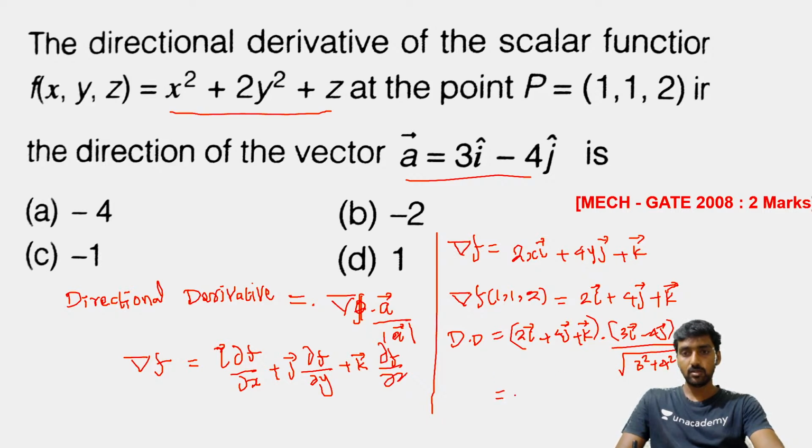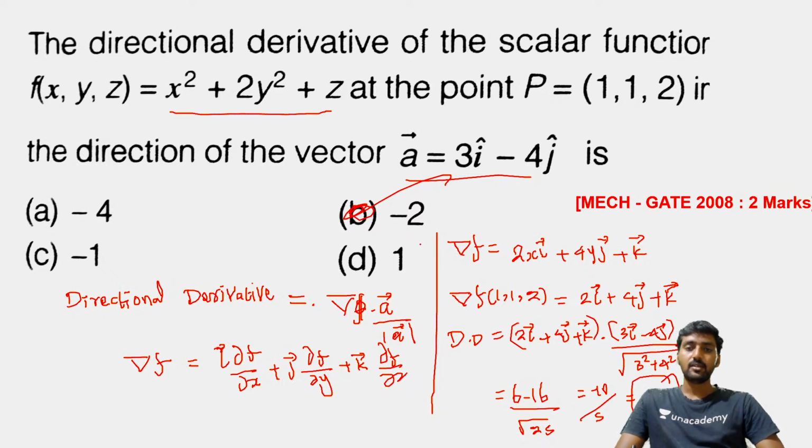It's equal to 6 minus 16 divided by root of 25, which is minus 10 divided by 5, equal to minus 2. Minus 2 is the right solution. It's option B. Option B is the right solution for this question. Okay, fine. Next question.